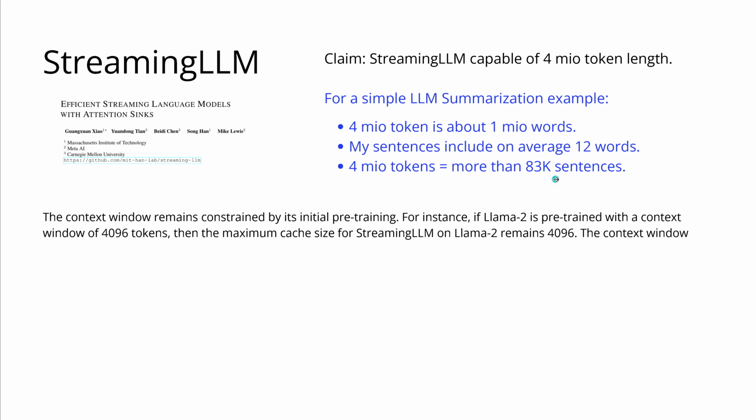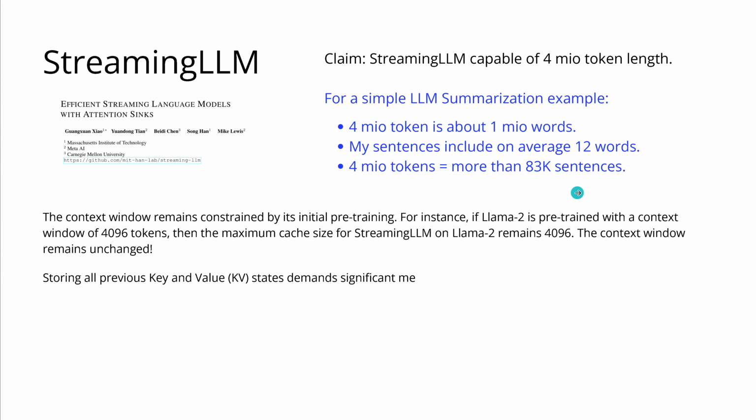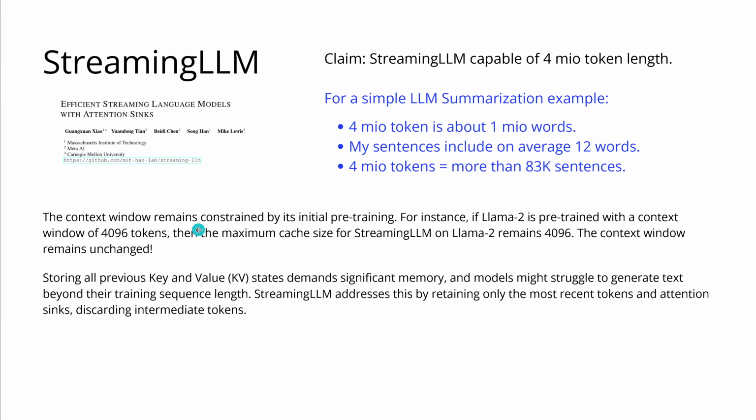Yeah, and as you guessed it, the answer is with a streaming or context window of 4K as used here, you cannot feed in data that exceeds the window size, because otherwise it would be neglected. So storing all previous key value states demands significantly more memory, and the models might struggle to generate text beyond their pre-training sequence length, 4K for a Llama 2 model.